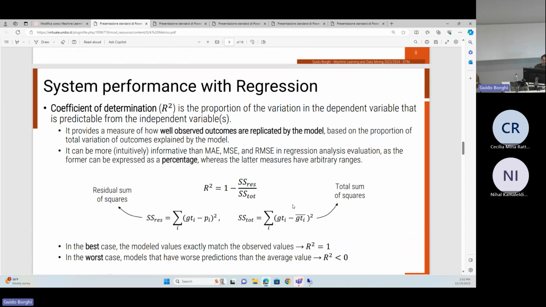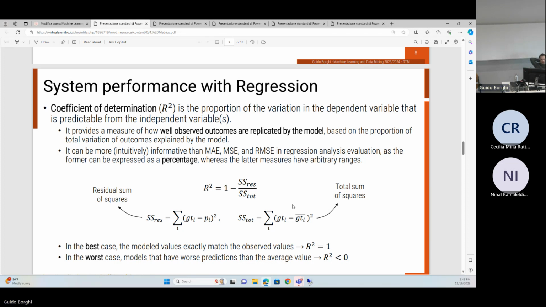And we have also another metric that is the coefficient of determination, R squared. That is the proportion of the variation in the dependent variable that is predictable from the independent variables. Okay. Maybe it is a quite complex sentence, but you can understand that the R squared provides a measure of how well observed outcomes are replicated by the model.